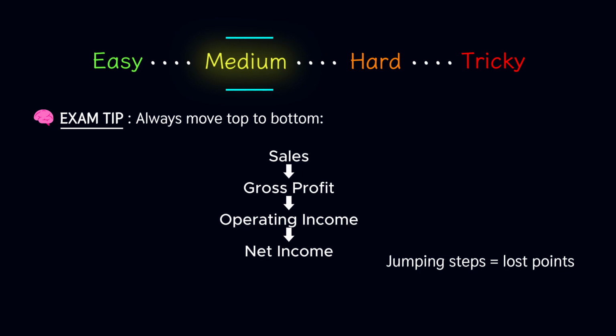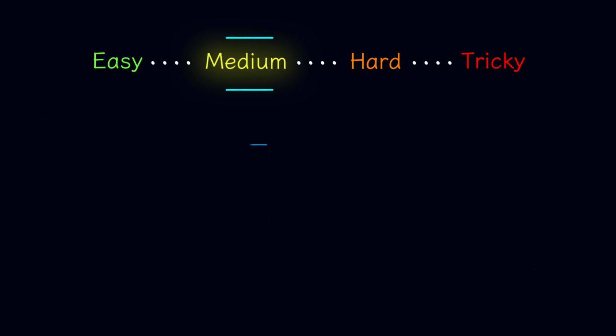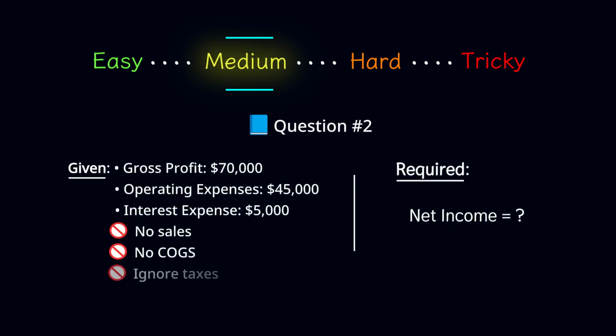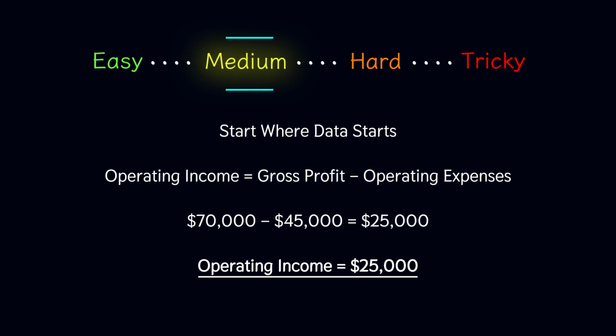Now let's do one where information is missing, very common on exams. Question 2. A company reports gross profit of $70,000, operating expenses of $45,000, interest expense of $5,000. No sales or COGS are given. The question asks, what is net income, ignoring taxes? Start where the information starts.